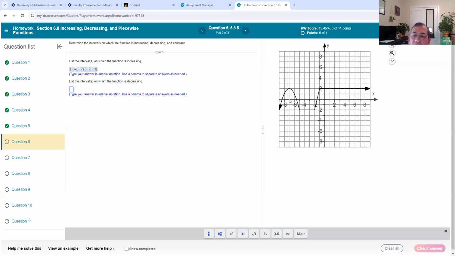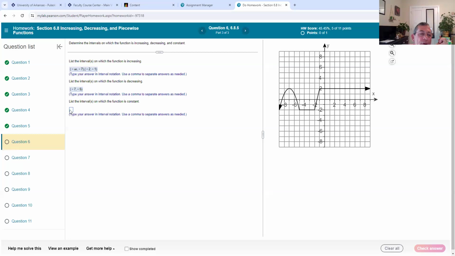If I come straight down to the x-axis, it looks like a -7. Good job. And then let's see, we're going downhill as we go 2 units to the right. So what you got, -5? Good job. So y'all, that only had one part going downhill. So that'd be the -7, -5. You'll check that answer.